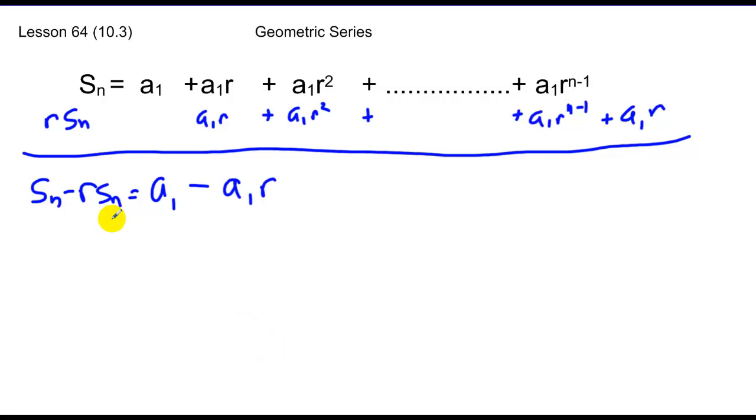And then he said, well, hey, I can isolate this by pulling out this sum, which leaves me with 1 minus r, and then I can factor out an a1 and have 1 minus r to the n here.